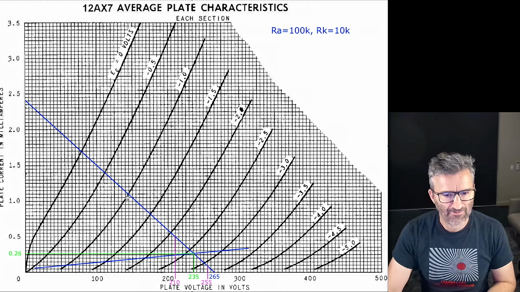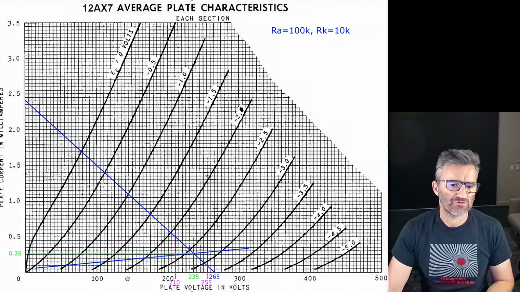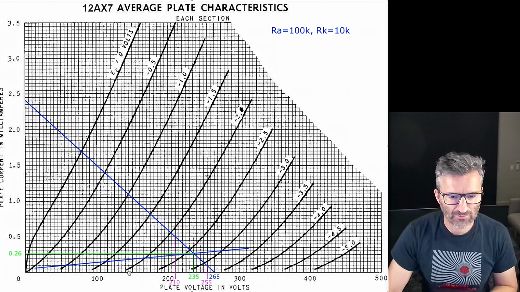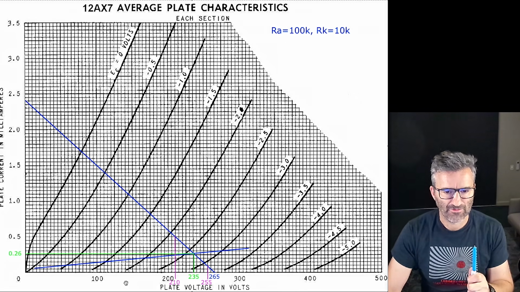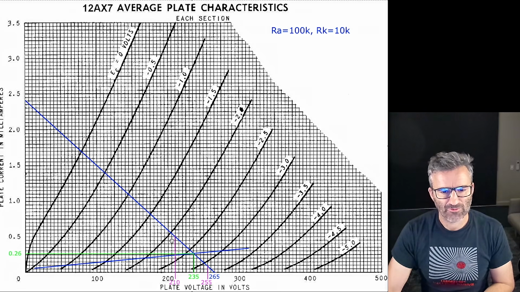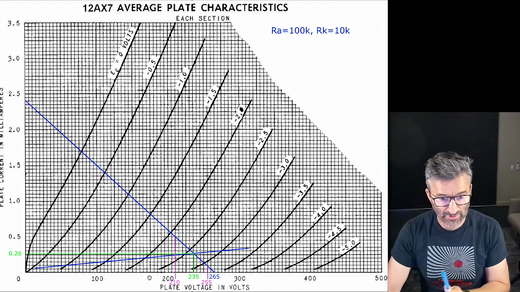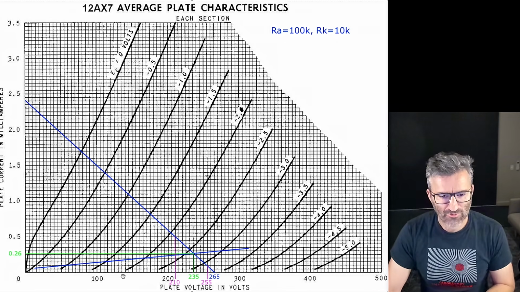Then the output from this gain stage is going from here, which is 140 volts, give or take, through to this point here, over 205, and that's the voltage swing, or the gain, that you're getting from this gain stage.